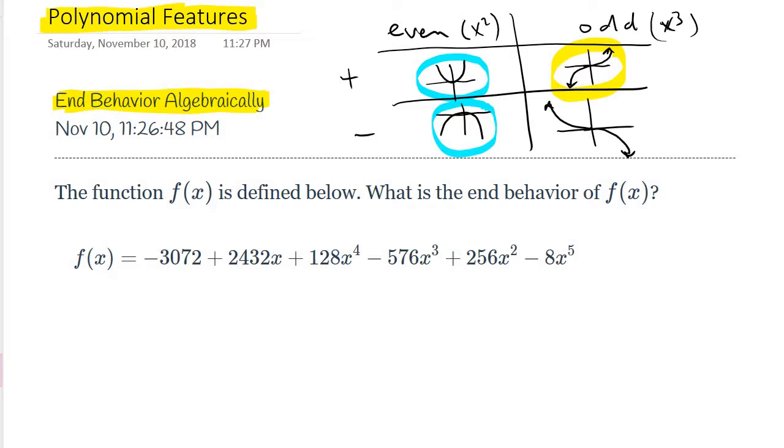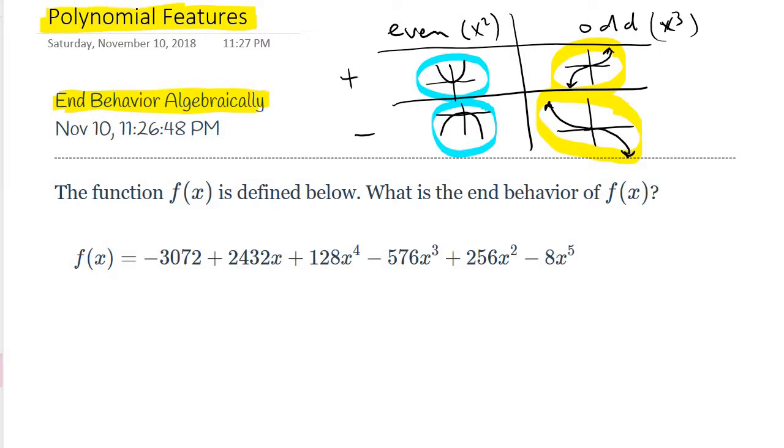The correct way to say that would be one side is increasing forever, the other one is decreasing forever, or vice versa. We're going to clarify the language as we go through this. The first thing I want to show you is to use this example right here to clarify that language.